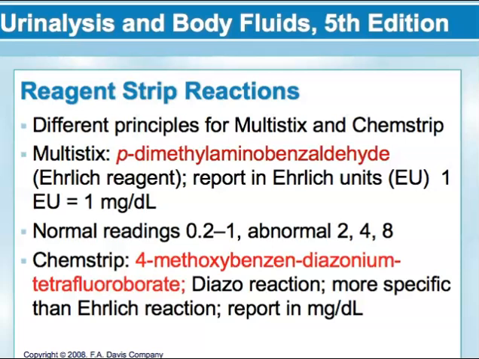ChemStrip reactions, urobilinogen reacts with the ChemStrip reagent in an acid environment to produce a color reaction ranging from white to pink and is reported in milligrams per deciliter. This reaction is more specific for urobilinogen than the Ehrlich reaction.